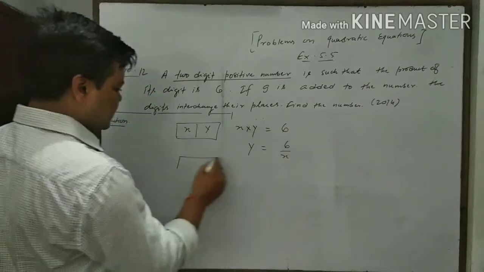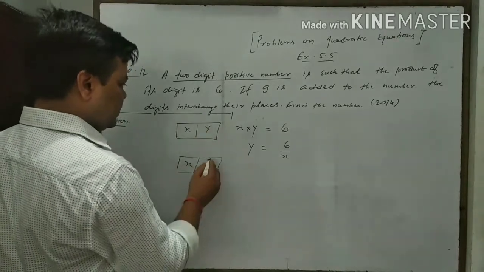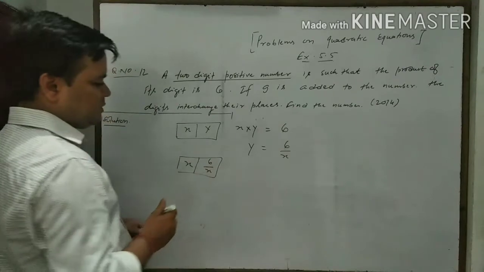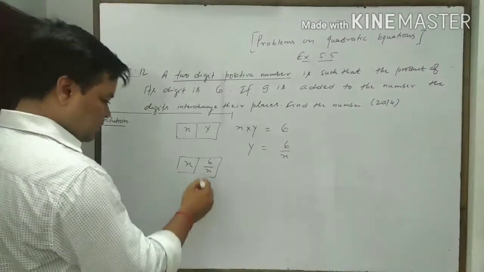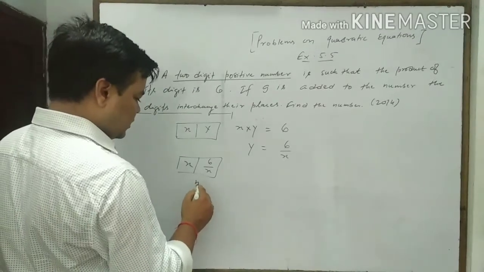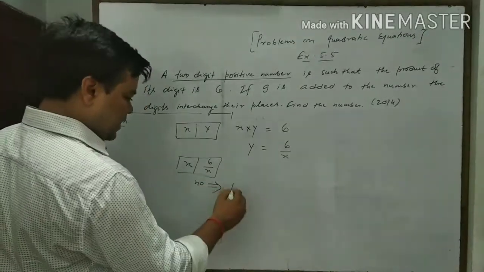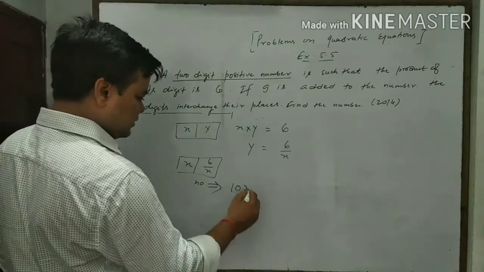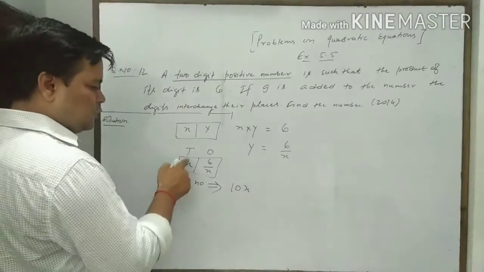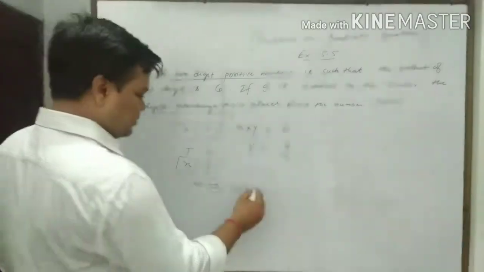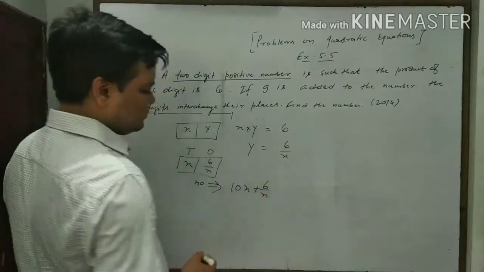So here we can write x, and at the place of y we can write 6 upon x. Getting? And now the expanded form, the number will be what? The expanded form of the number will be 10 into x, ones place, tens place. So 10x plus 1 into 6 upon x.